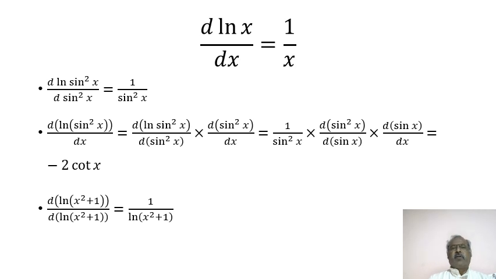So d log sine square x by d sine square x times d sine square x by dx, which will be equal to 1 over sine square x into d sine square x with respect to sine x, because we know that sine square x is a standard form. If we use that standard form times d sine x by dx. So it's combining three different standard forms using the composite function chain rule. And we can calculate it to be negative 2 cot x.